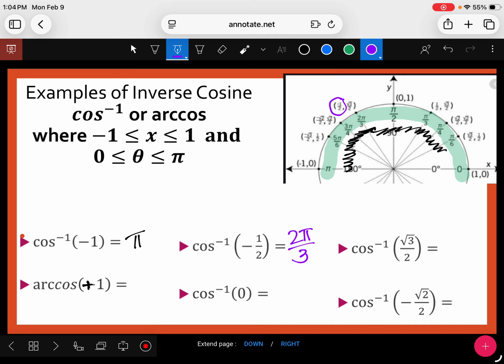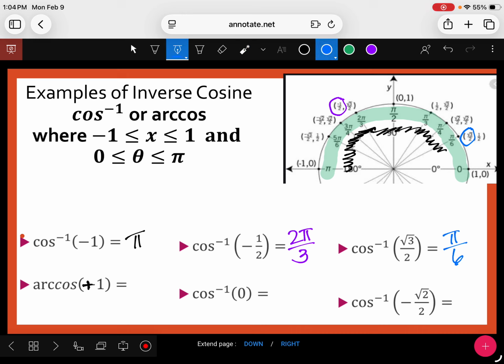Where is cosine positive √3/2? Well, that would be right here. And what angle is that? What's this angle right here, y'all? Pi over 6.